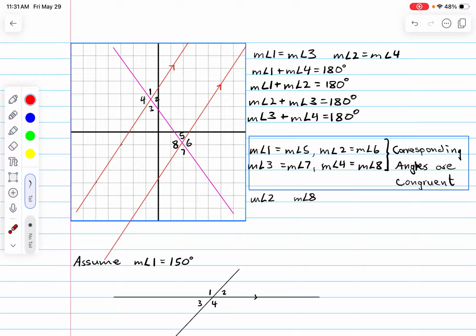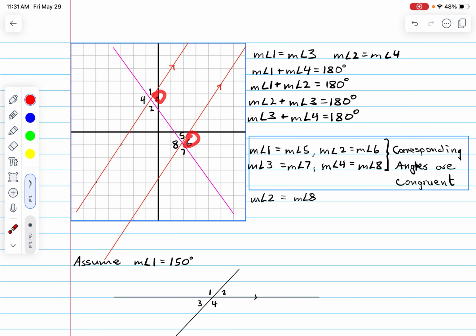Now, here's the thing about angle 2 and angle 8. Angle 2 and angle 8 are going to have the same measure. Okay? Here's how you can think about that. Remember that angle 2, let's go back up here and look at this, the measure of angle 2 is equal to the measure of angle 6.